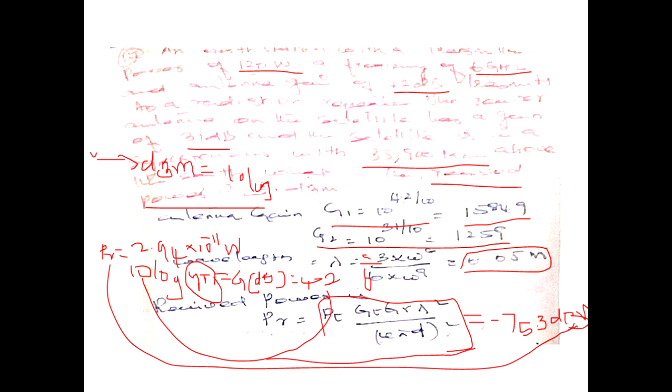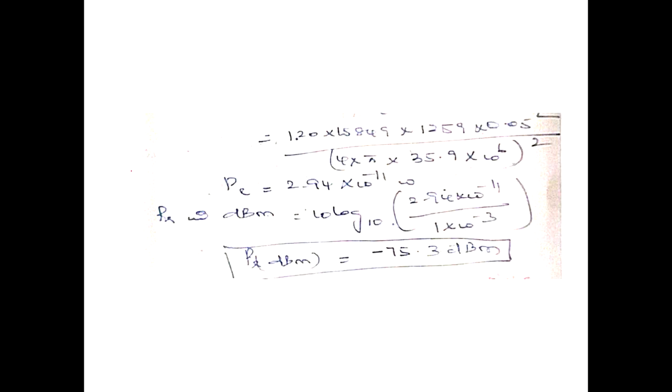So 10 log of whatever the value divided by 1 into 10 power minus 3. This is the formula you have to use to convert the watt into a dBm value.